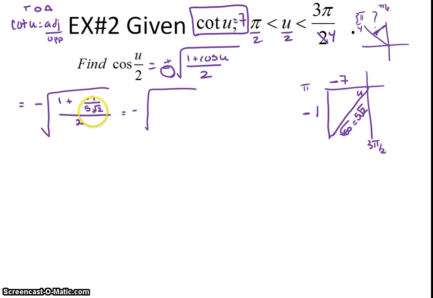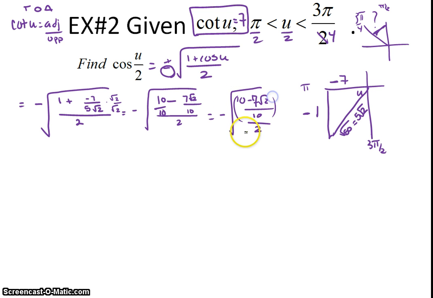I'm going to rationalize this first piece. I'm going to multiply it by root 2 over root 2. So I have 1 minus 7 root 2 over, root 2 times root 2 gives you 2, times 5 is 10. So I'm going to rewrite 1 as 10 over 10 so that I have a common denominator. So this is negative the square root of 10 minus 7 root 2 all over 10, all over 2.